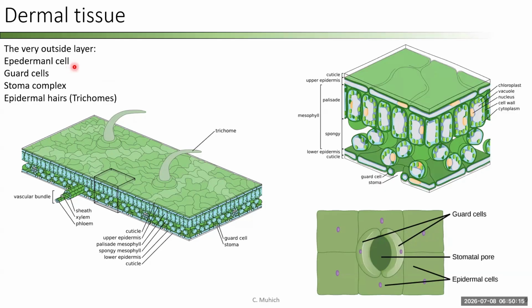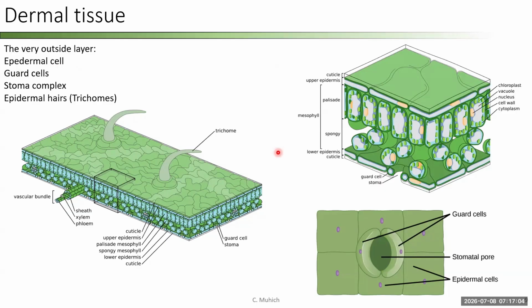And these tissues are going to contain a few types of cells. So these are epidermal cells, guard cells, stoma complexes, and epidermal hairs, which are called trichomes. And we'll spend some time talking about trichomes later.